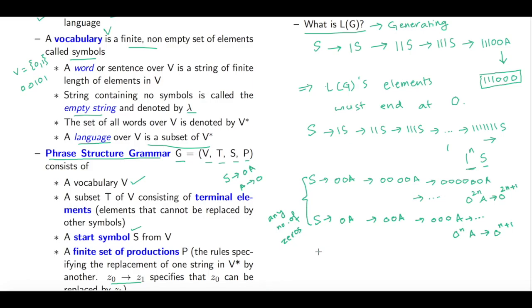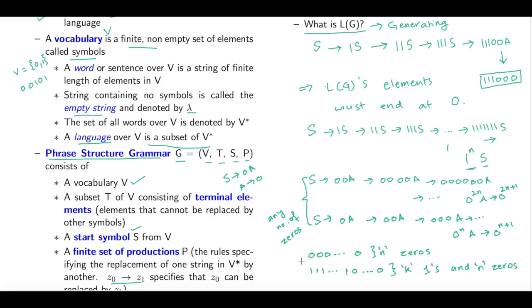Okay, so the language generated is something like this. I can have all zeros, and zeros. I can have 1 and then some zeros. So I can say k ones and n zeros.